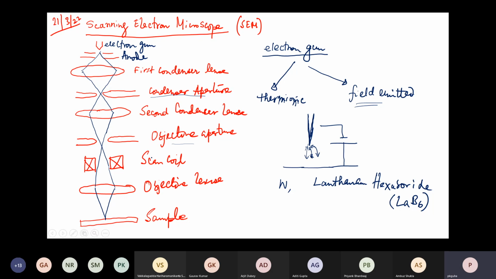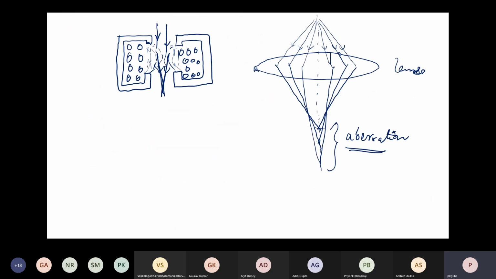An aperture is nothing but a plate kind of structure with a hole in it. If you have a plate with a hole in it, then it will basically block the outer beams and reduce the aberration. What I mean, let me draw it once more.